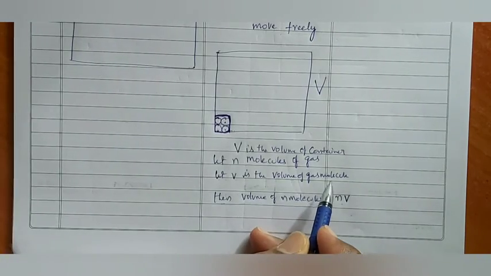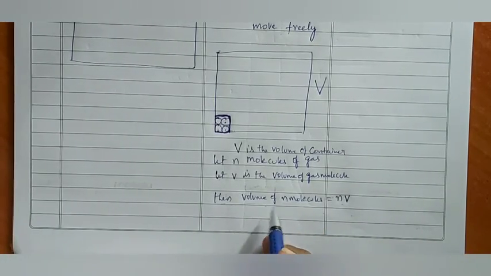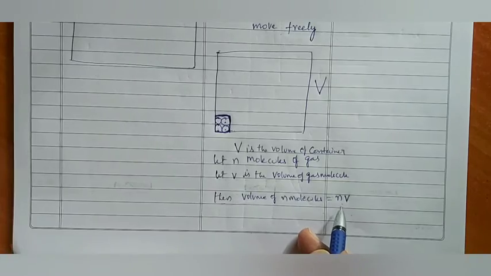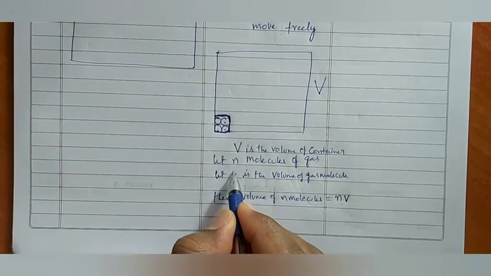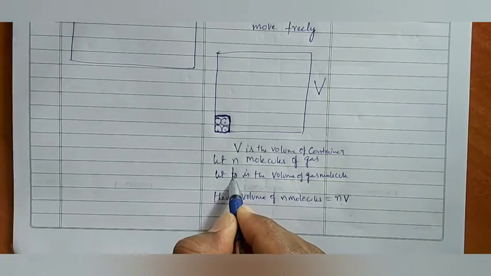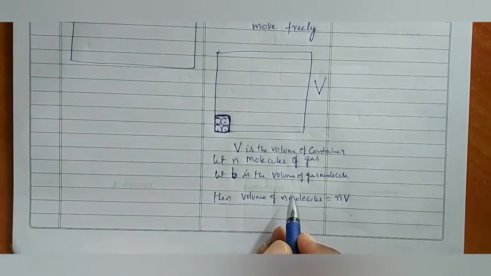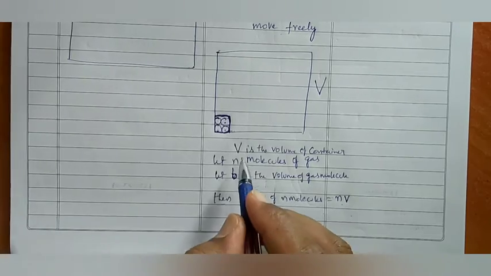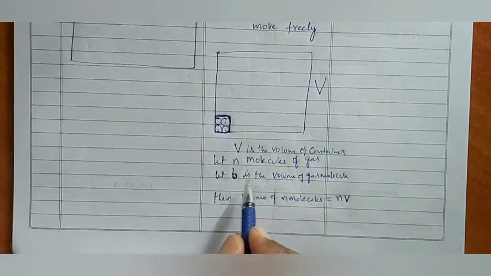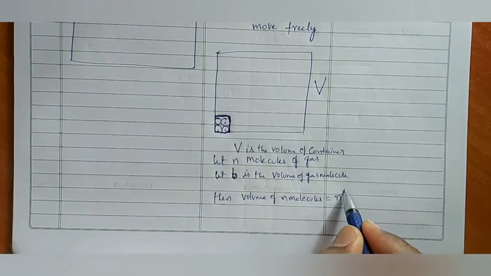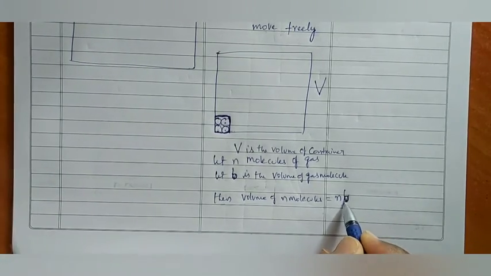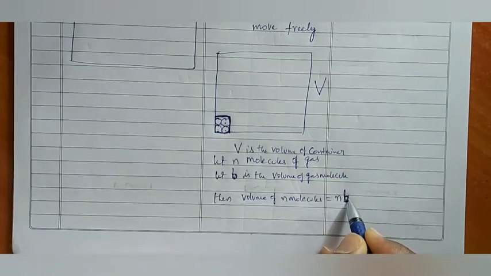Let V be the volume of the gas molecule, then the volume of n molecules is equal to NB. Just one minute, ma. I am going to consider small b as the volume of the gas molecule. Capital V is the volume of the container, small b is the volume of the gas molecule. Then the volume of n molecules is equal to n into small b.